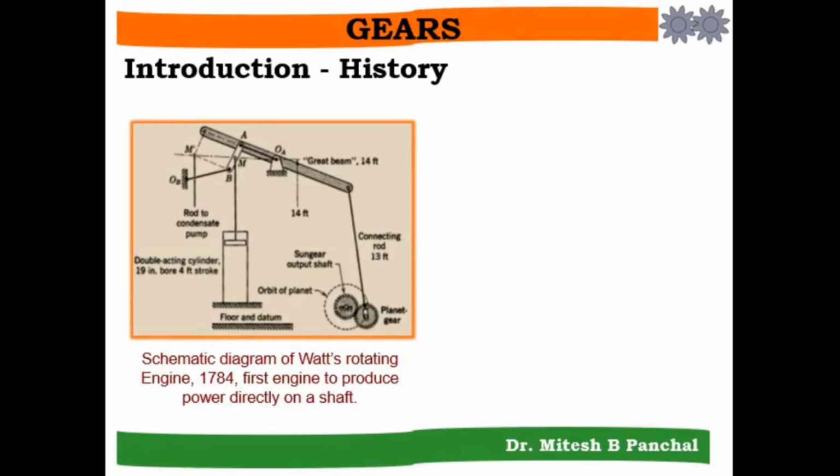This another example is related to cycloidal gear. You can see over here, this is the cycloidal gear mechanism which was used in Watt engines, which is the first engine to produce the power directly to the shaft.